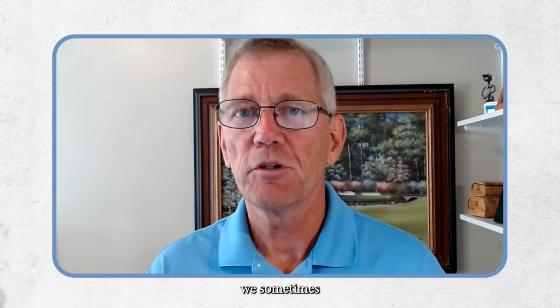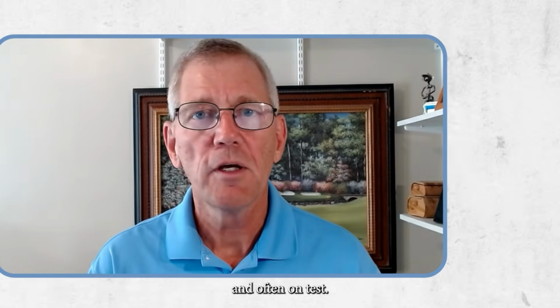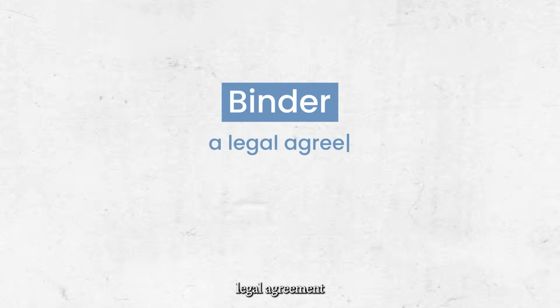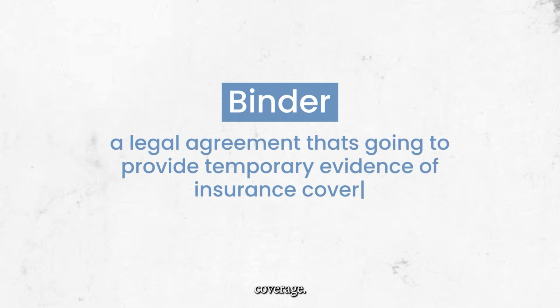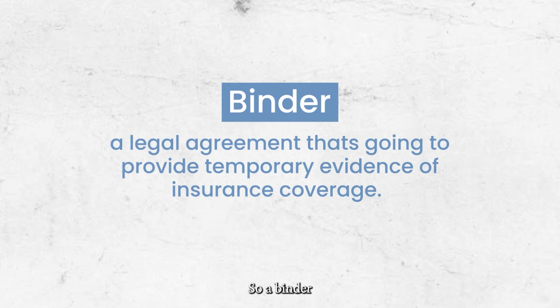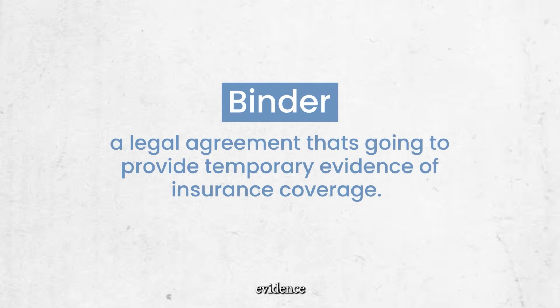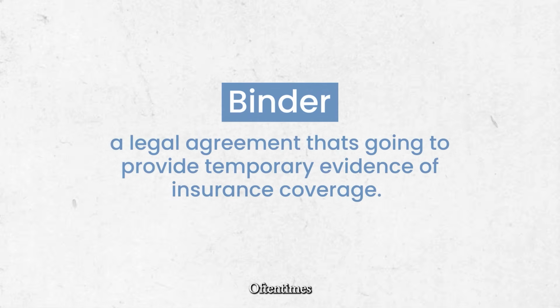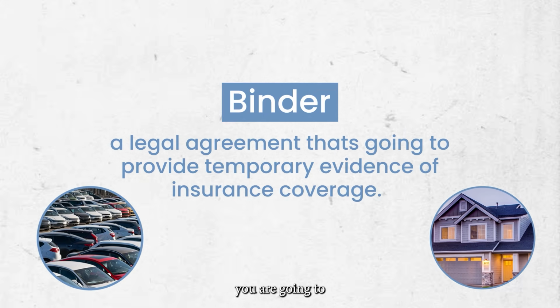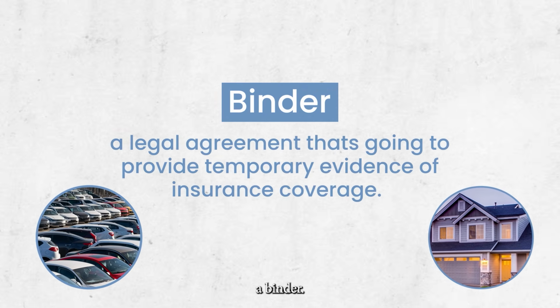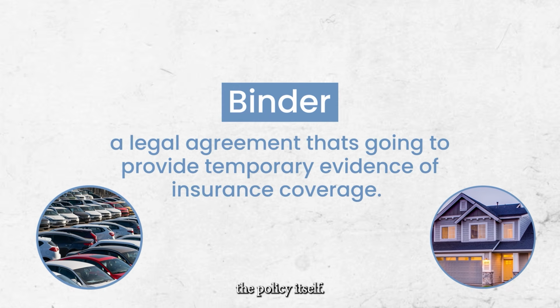A binder. A binder is another term we sometimes hear in insurance and often on the test. A binder is a legal agreement that's going to provide temporary evidence of insurance coverage. Oftentimes when you buy a home or buy a car, you are going to be issued a binder. That binder isn't the policy itself.